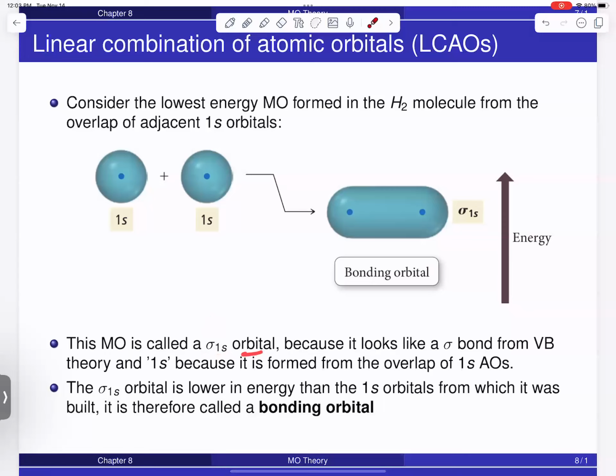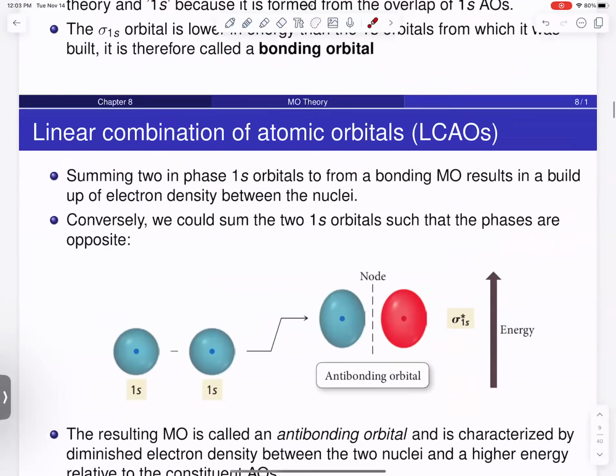We call it that because it looks like a sigma bond. Again, remember back to valence bond theory, it's symmetric along the axis connecting the two nuclei. And we call it a sigma 1s because it's formed from the overlap between two 1s orbitals. Of course, the sigma 1s orbital is lower in energy than the isolated 1s orbitals, and we therefore call it a bonding orbital.